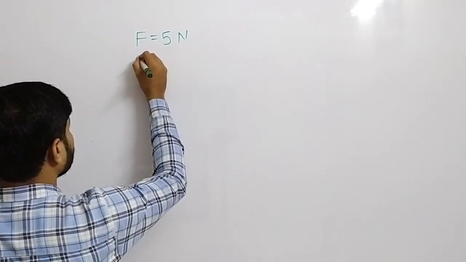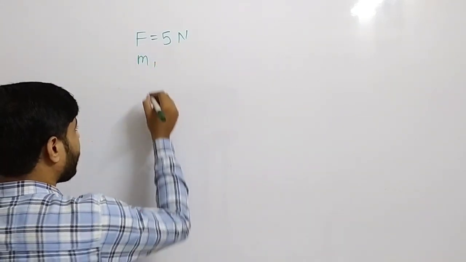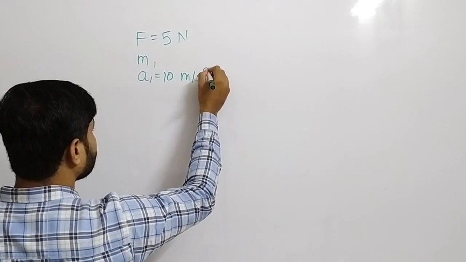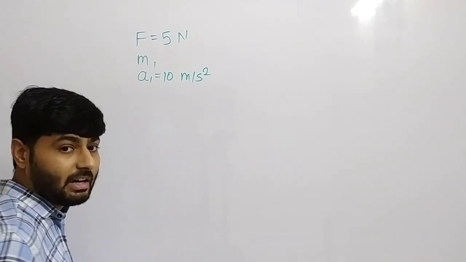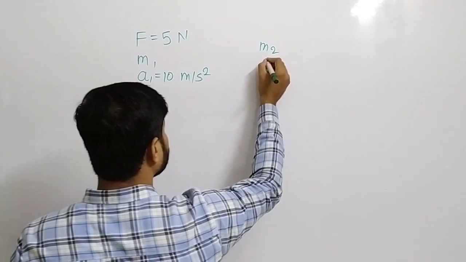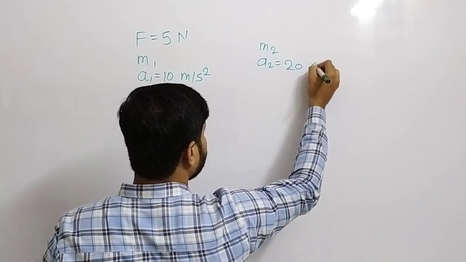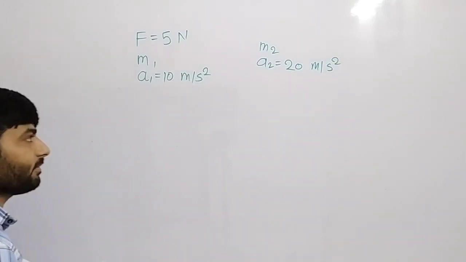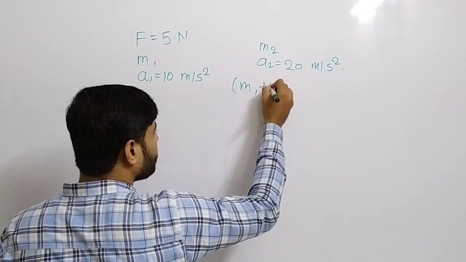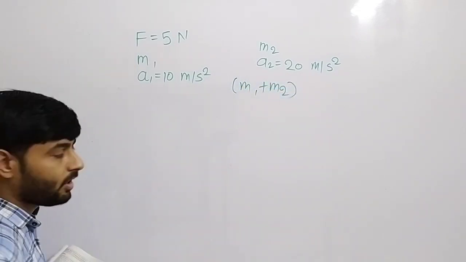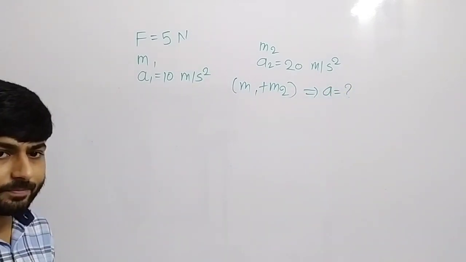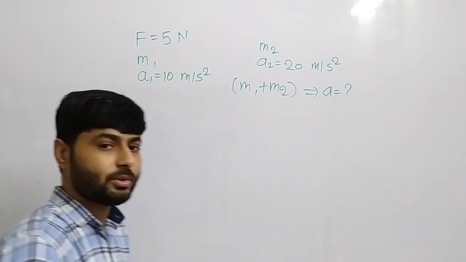One object with mass m1 has acceleration of 10 meter per second square, and another object with mass m2 has 20 meter per second square. We want to find, if we tie both these masses together, what will be the acceleration in this case.